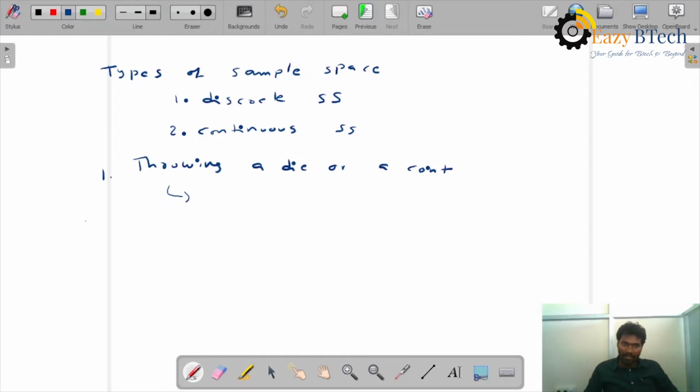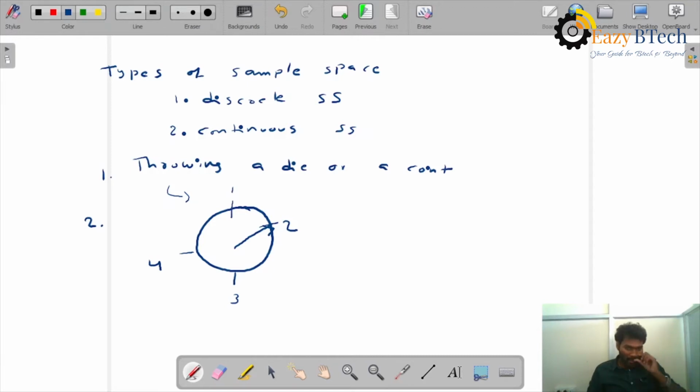Continuous means there should be no discrete values. Suppose you have a circle with the values 1, 2, 3 and 4, and a needle pointing outwards, like an analog clock.